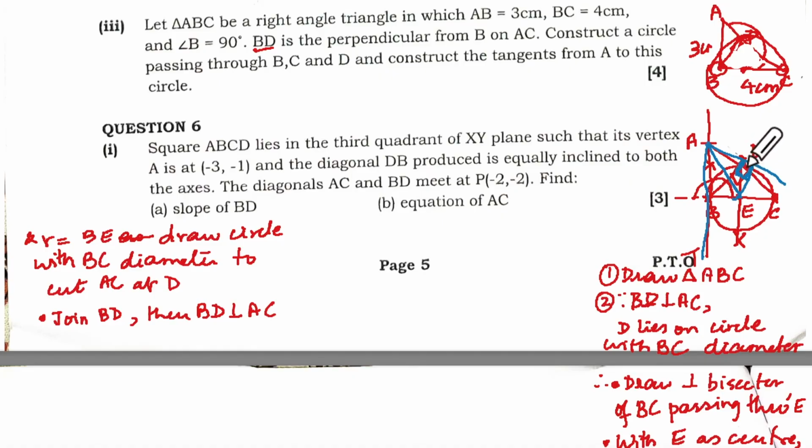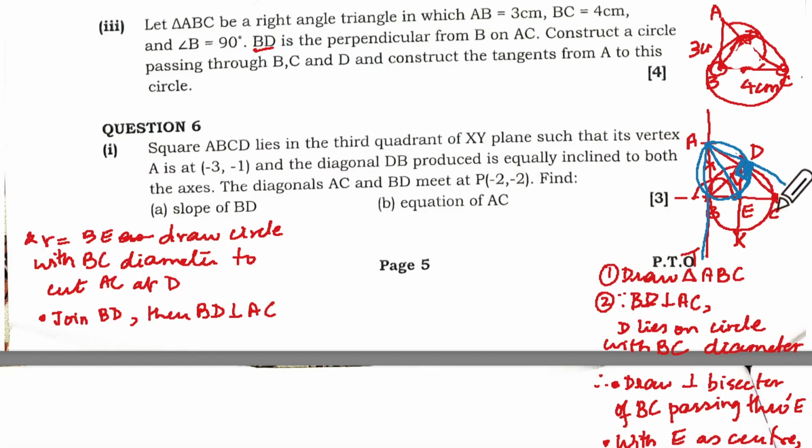Understanding? Yes. If you're not understanding, tell me. Understanding or not understanding? All of you are understanding? This angle has to be 90 degrees. So I will have to have like this. Can you see that? This is how I'll have to draw the circle.